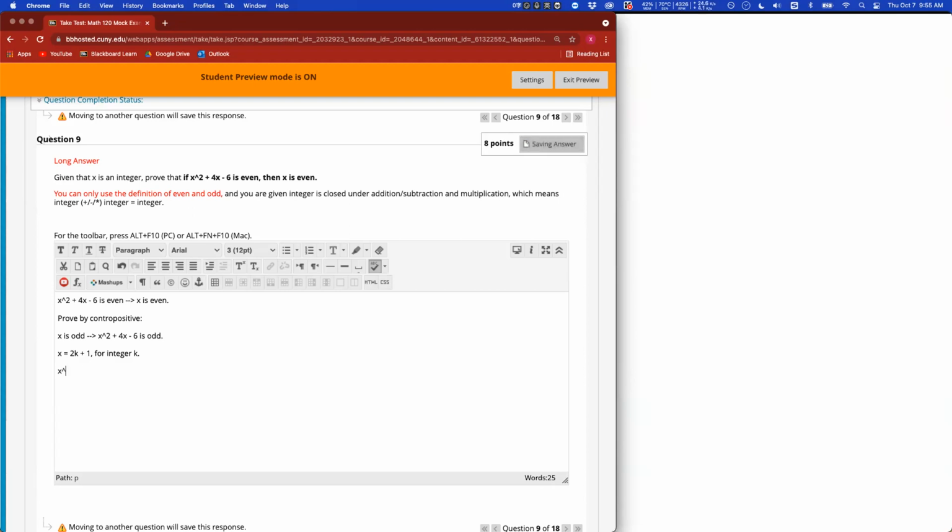Then x squared plus 4x minus 6 will equal (2k plus 1) squared plus 4 times (2k plus 1) minus 6.